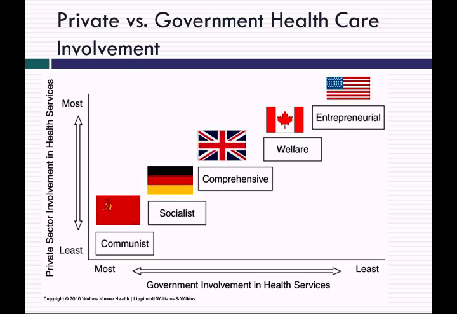You can see that the communist system, which I'll review in a moment, has the most governmental control and the least private sector involvement, where the U.S. entrepreneurial system has the least government involvement and the most private sector involvement.